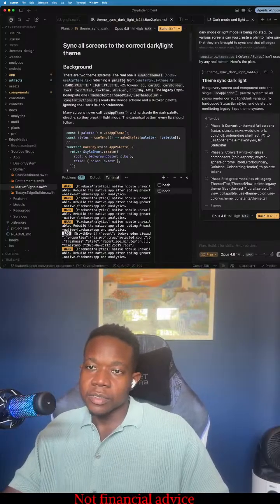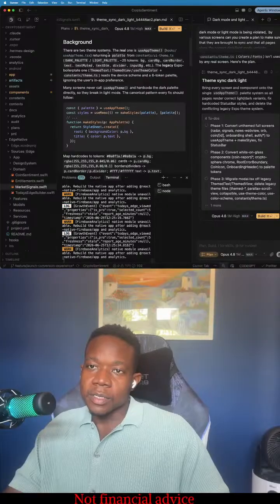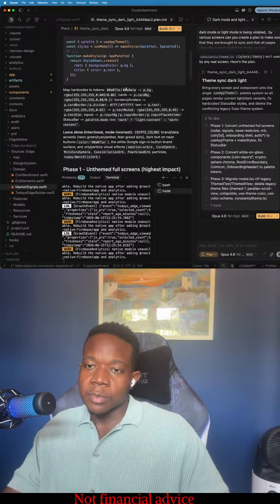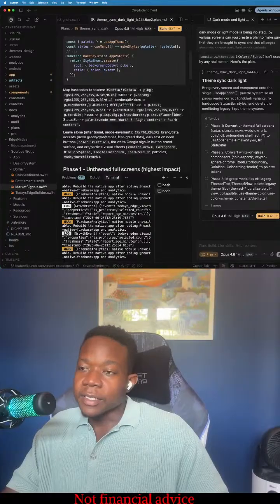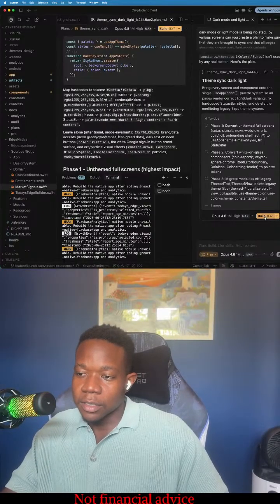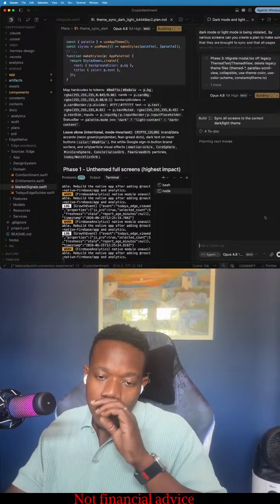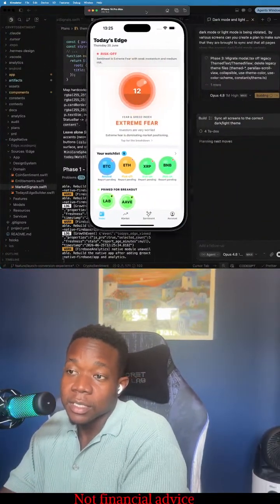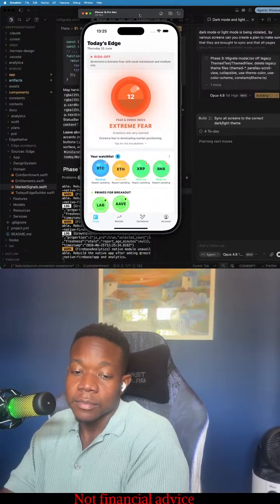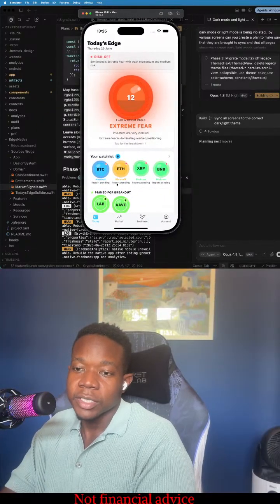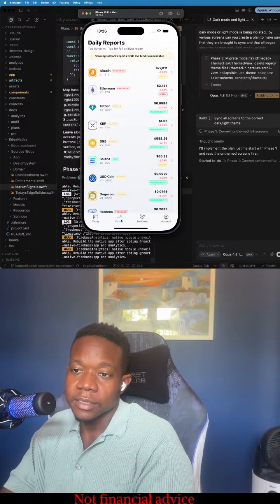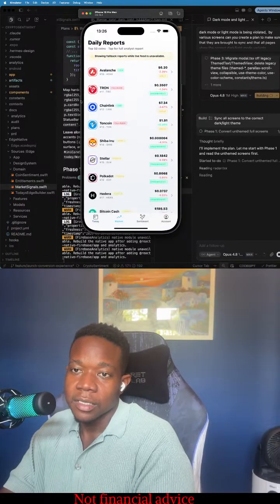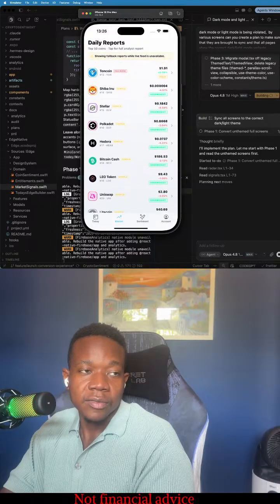So, single screens, correct light mode. The background, this is what happened. There were two theme systems. One is using user app theme, the other one is using something else. Let's unify that to only be one build. And then we're gonna see it dance around, and we're gonna see probably in about 5 minutes that this would have been fixed or addressed. And then anyway, we just go through and test as we see fit.